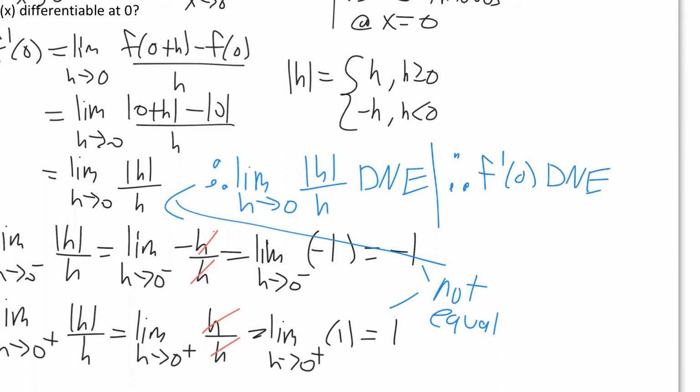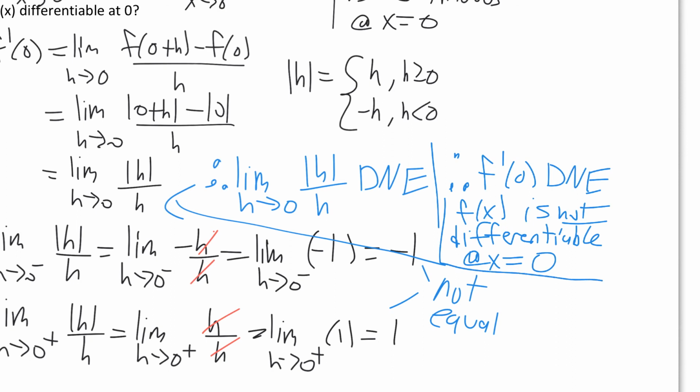And if the derivative doesn't exist, in English that means f of x is not differentiable. f of x is not differentiable at x equal to 0. It doesn't have a derivative.